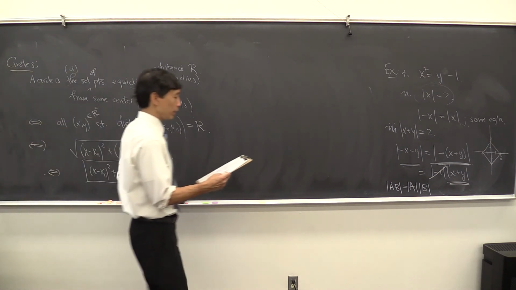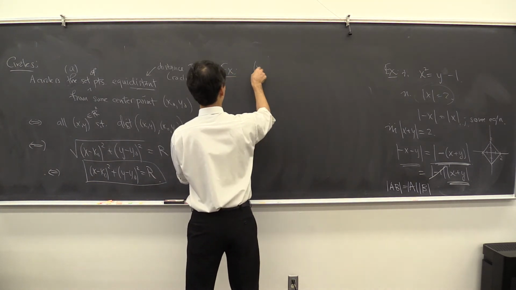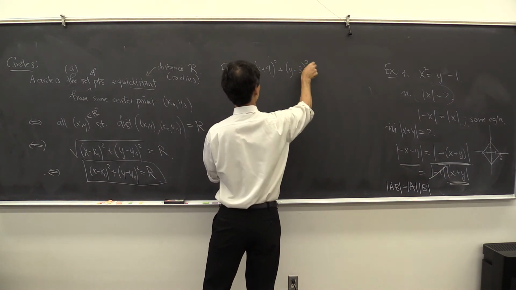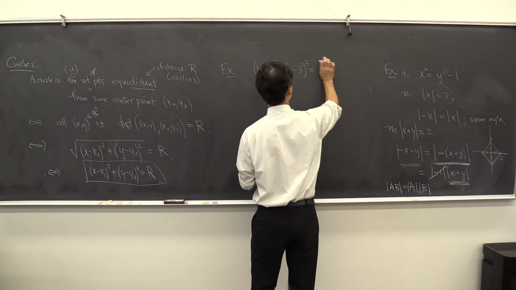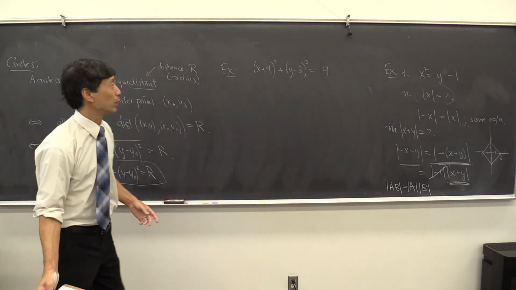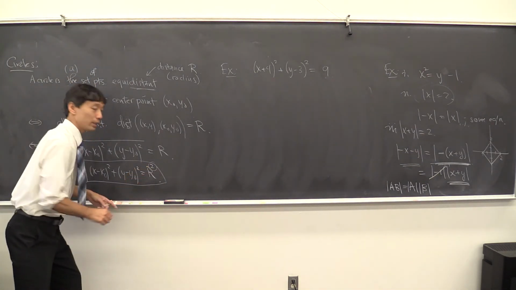So, if you see an equation that looks like this, x plus 4 quantity squared plus y minus 3 quantity squared equals, let's say, 9, then what circle is that describing? Oops, this should be an r squared. Sorry.